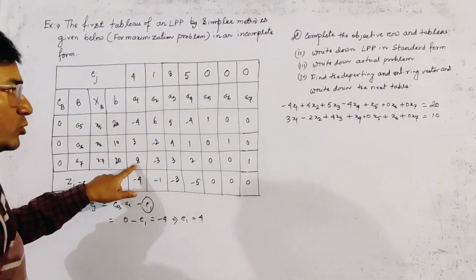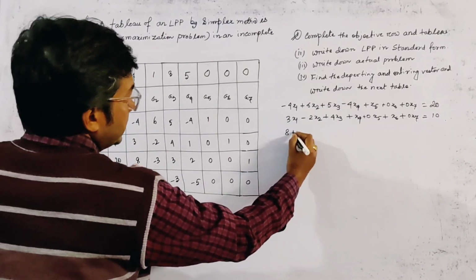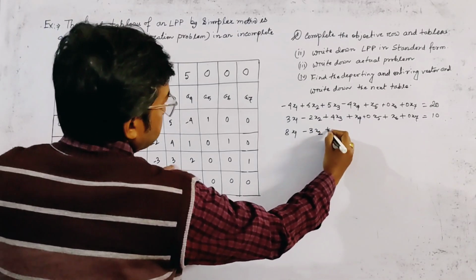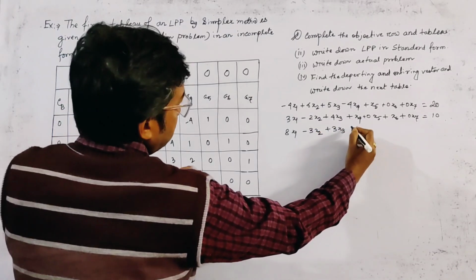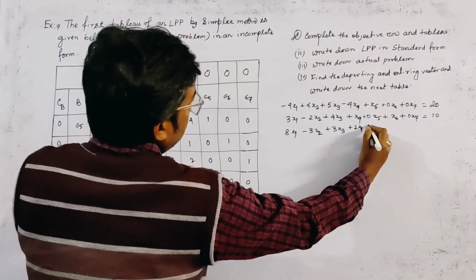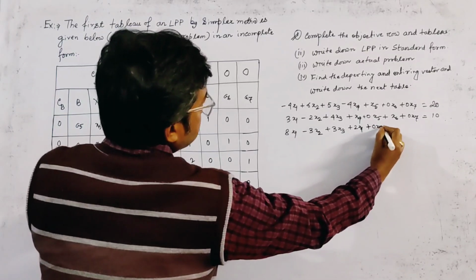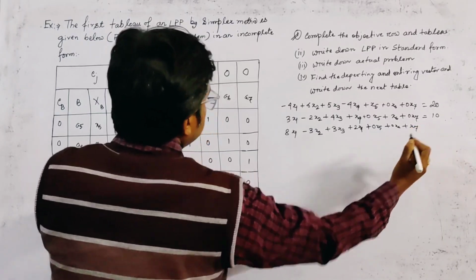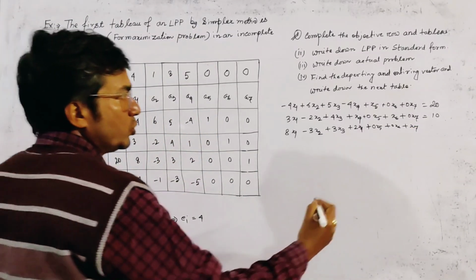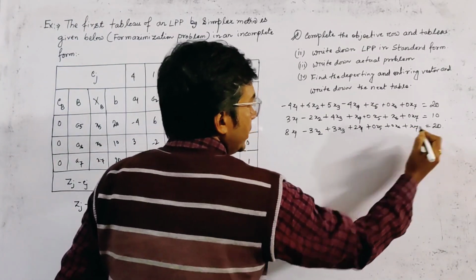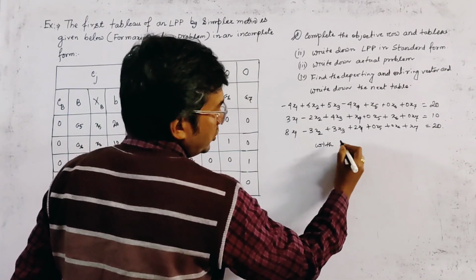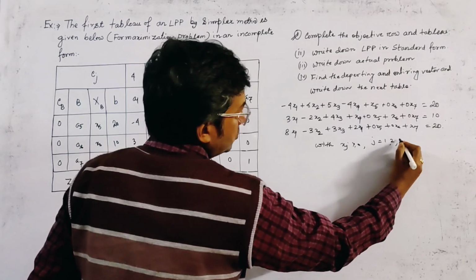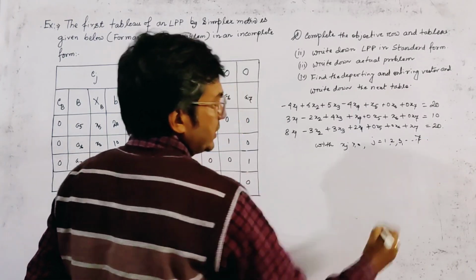And the third row, that is the last row: 8 x1 minus 3 x2 plus 3 x3 plus 2 x4 plus 0 x5 plus 0 x6 plus x7, equal to 20, with all xj greater than or equal to 0 for j equal to 1, 2, 3 up to 7.